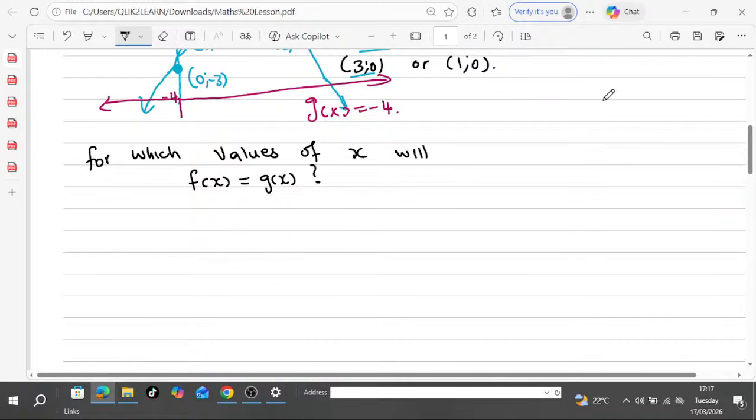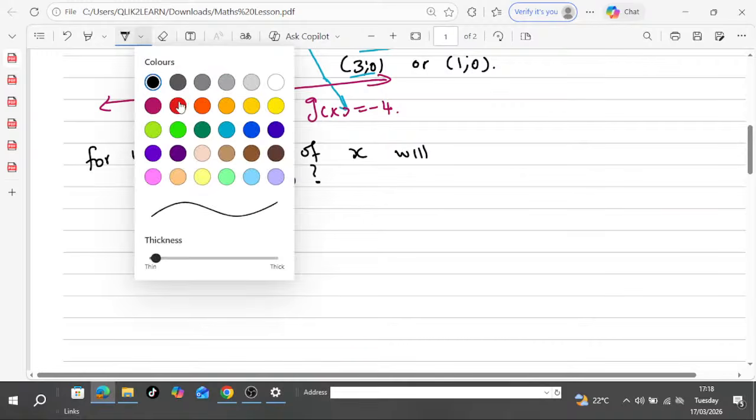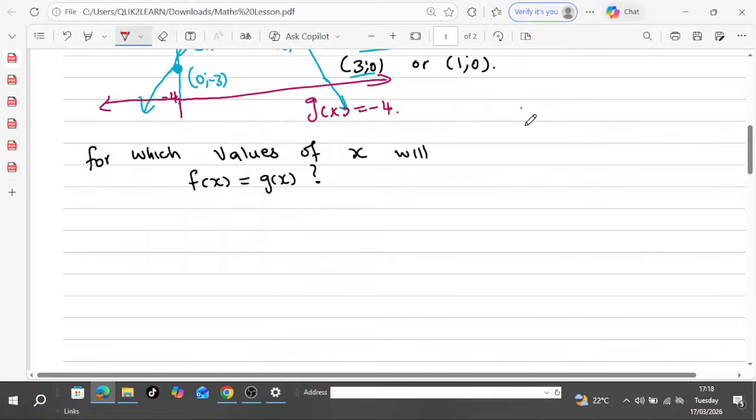Where are these two graphs equal? So it's like they are asking you to find the point of intersection. To find the point of intersection, you just have to equate the two graphs, okay?